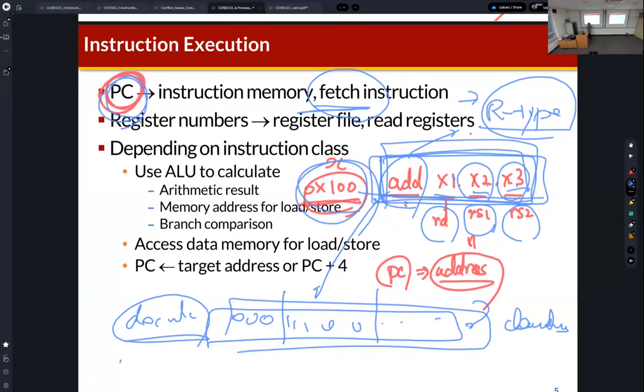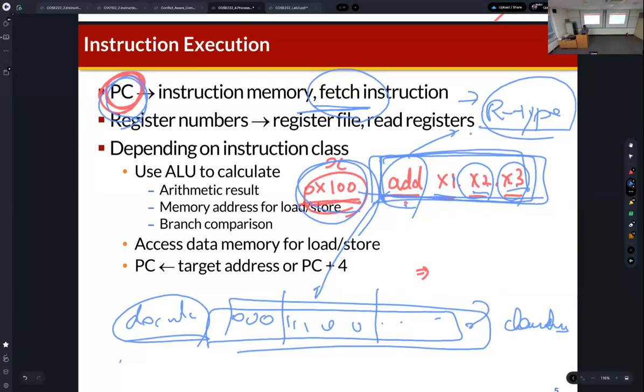Then what is required? The operation of this add instruction is X1 equals X2 plus X3, right?